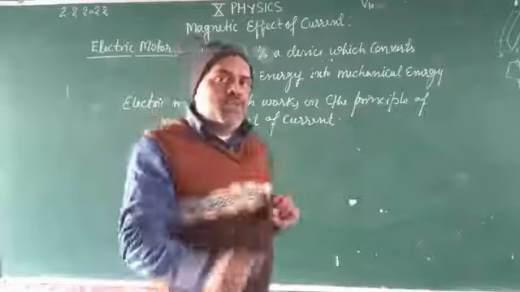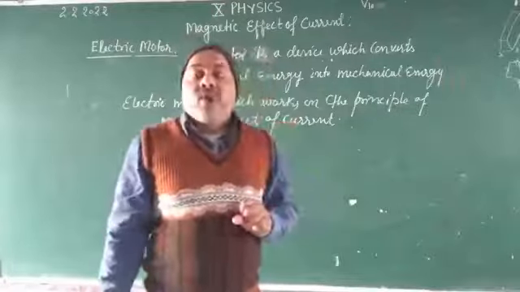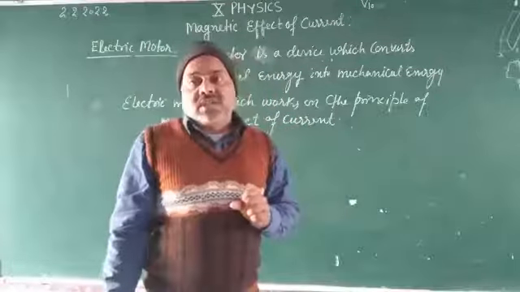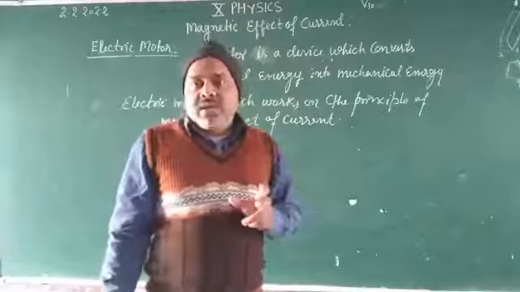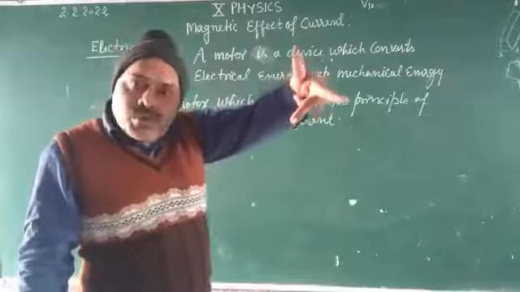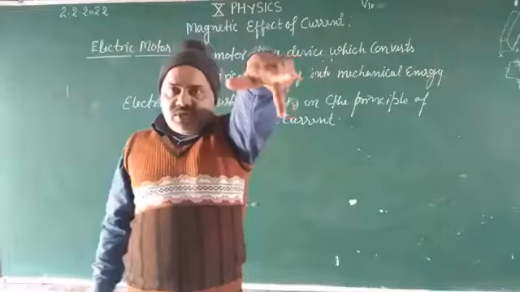The direction of the magnetic field, the direction of force, or the direction of motion of the conductor or coil, we can find with the help of Fleming's left hand rule.